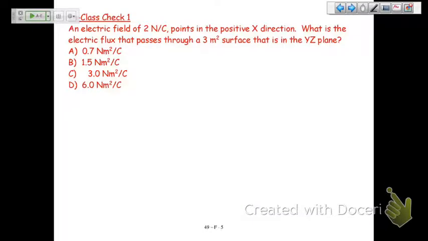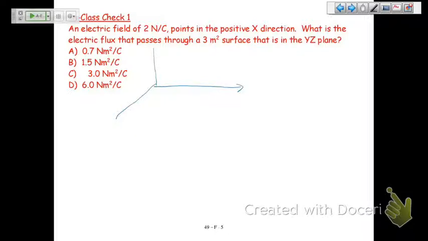Okay. So an electric field of 2 newtons per coulomb points in a positive x direction. What is the electric flux that passes through a 3 meter squared surface in the YZ plane? So let's just mark our axes.